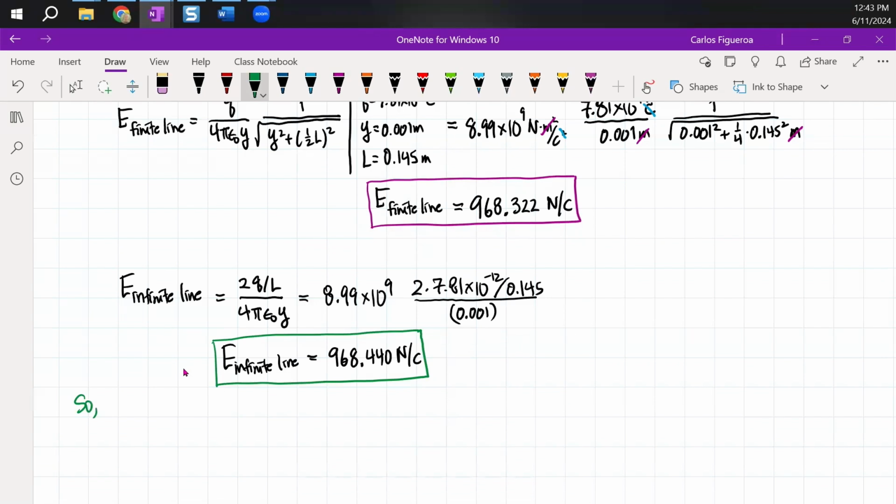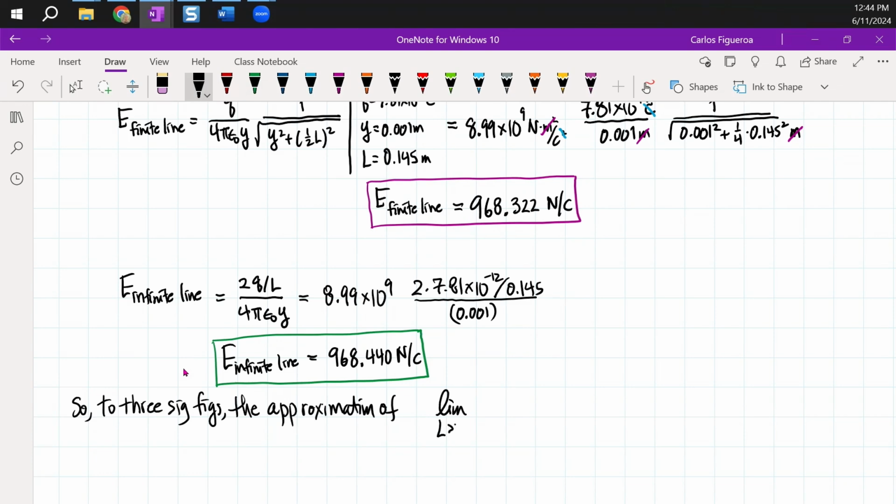So to 3 sig figs, the approximation of the limit as L is much, much bigger than this for the E field of a finite line is exactly the same as the infinite line approximation.